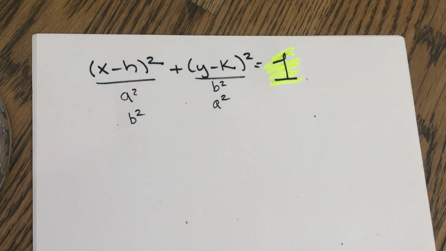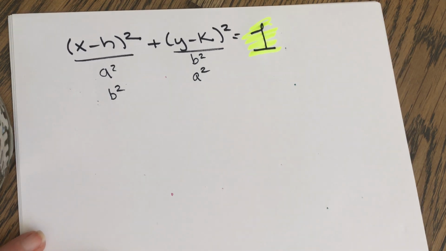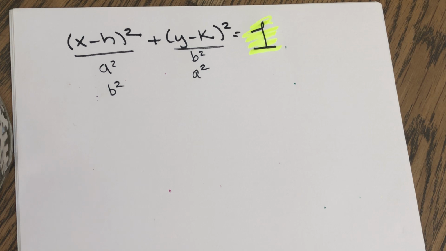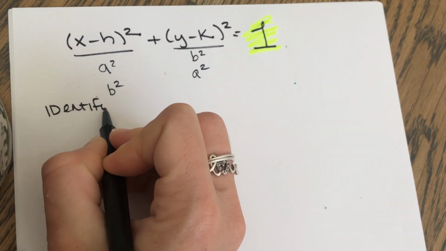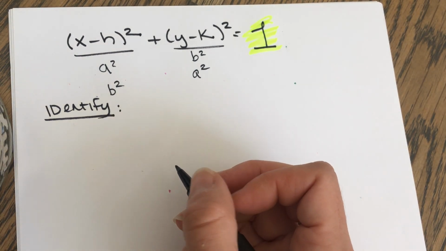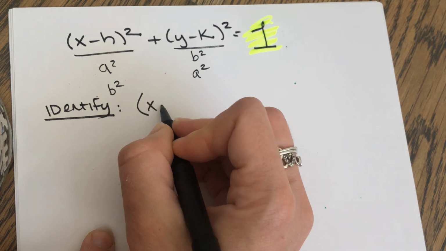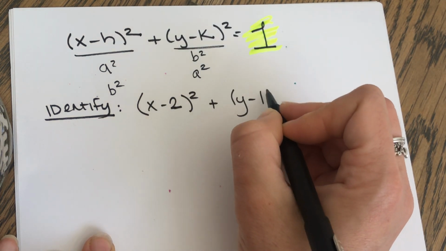Okay? So if I ask you guys to identify the key points, you first need to go back to your origin. So let's do that. We'll do 2 of these, and then we'll go on to hyperbola. If I do x minus 2 squared plus y minus 1 squared.